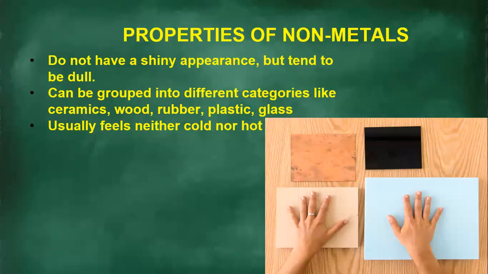Which other non-metals are not shiny? Sponge, tissue, okay. Wood, okay. Thank you, Elijah. Bushia says tissues. Lesedi says paper. Okay. Kukano also says paper. All right, thank you guys.